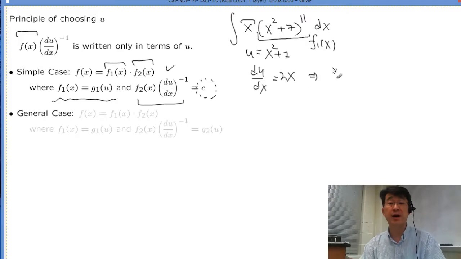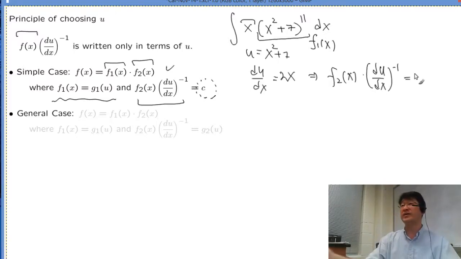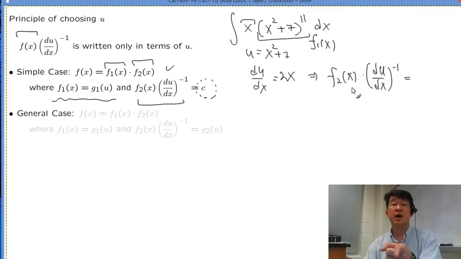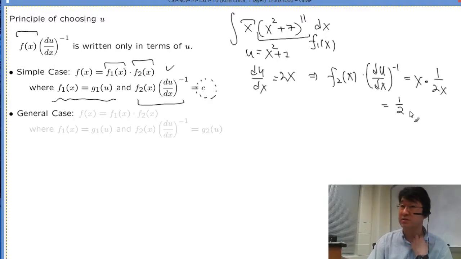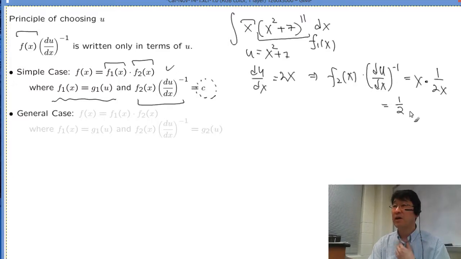Now, if you multiply f2 times the reciprocal of du dx, this is just to explain. Usually, you don't have to write down this much. This f2 is x in here. What is the reciprocal of du dx? 1 over 2x, right? Reciprocal. So do you see that becomes a constant? 1/2? That's what I mean.